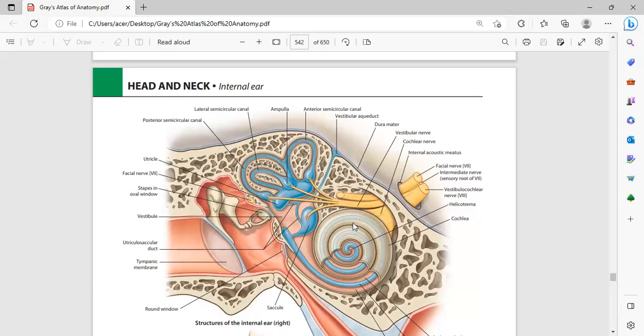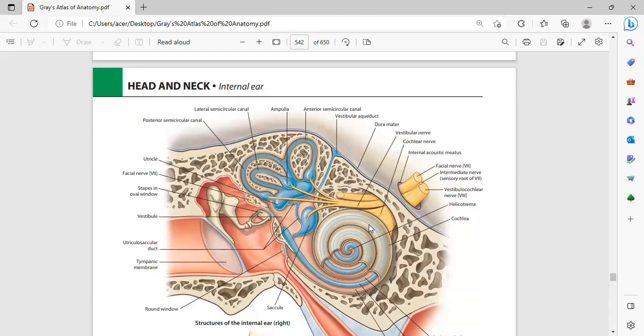And then talking about the blood supply and the nerve supply of the internal ear. The blood supply is from the labyrinthine artery. The labyrinthine artery is a branch of the basilar artery. We talk about the basilar artery when we talk about the arterial supply of the brain.